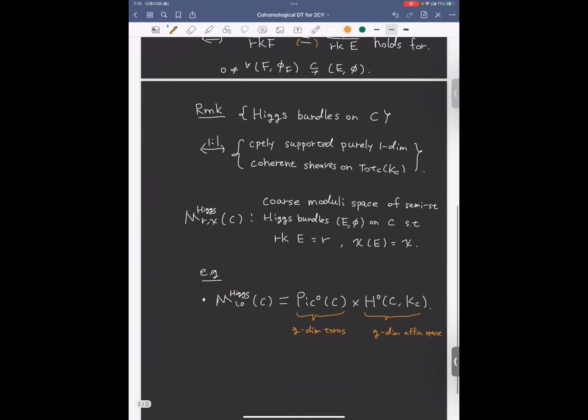In general, the moduli space is much more complicated, but looks somewhat similar to this. That is, in general, we cannot write the moduli space of Higgs bundles as a direct product, but it looks like an abelian variety product with an affine space.